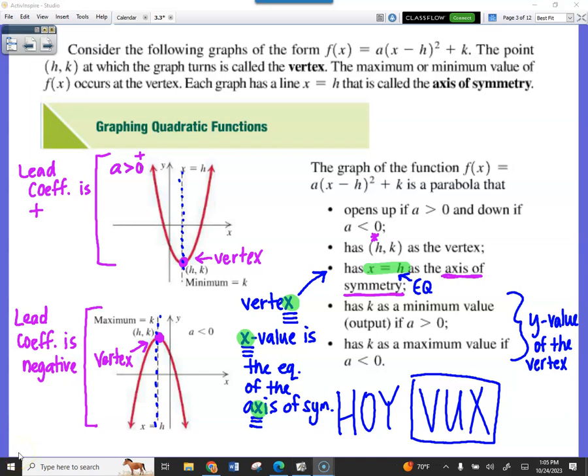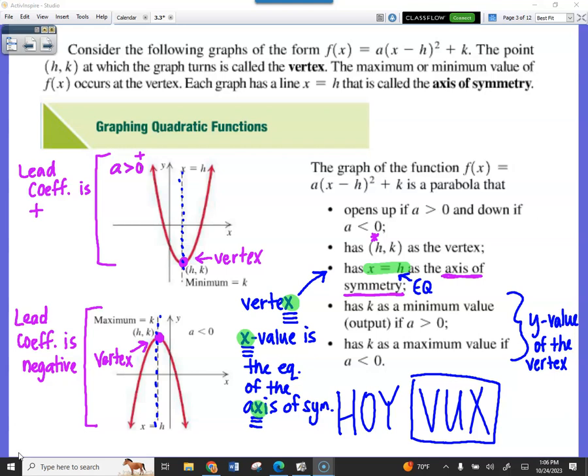So everything up here is stuff that you're already familiar with, probably except for the axis of symmetry, which is why I highlighted it in green. If I say, what is the equation of the axis of symmetry, you would direct your attention to the vertex, and because the axis of symmetry will always be vertical, it is a Hoy-Vux scenario.